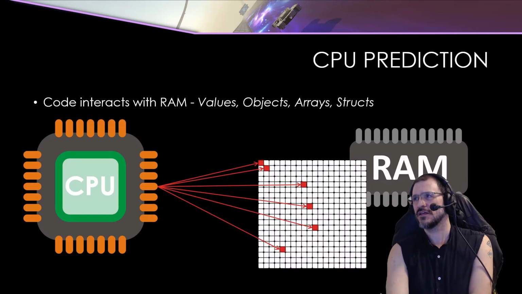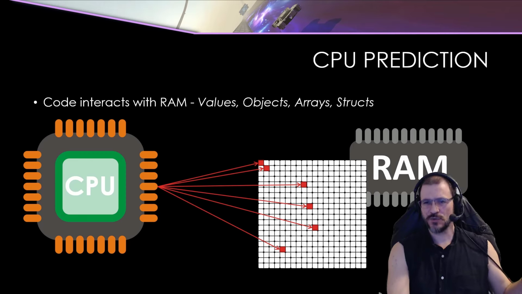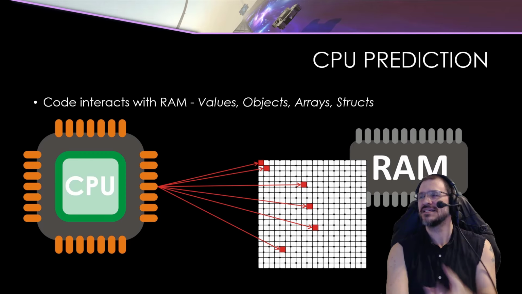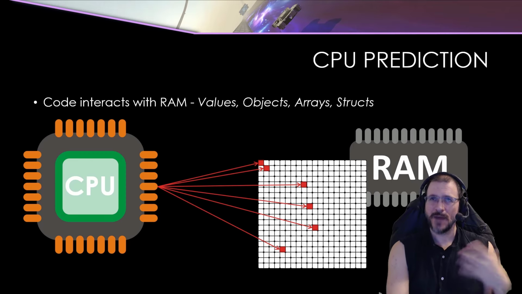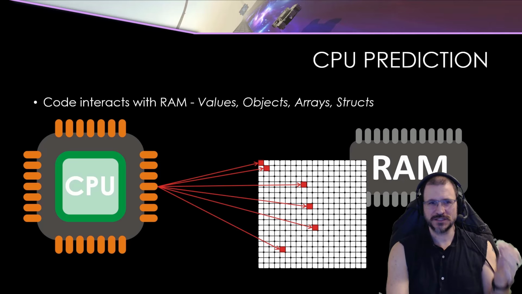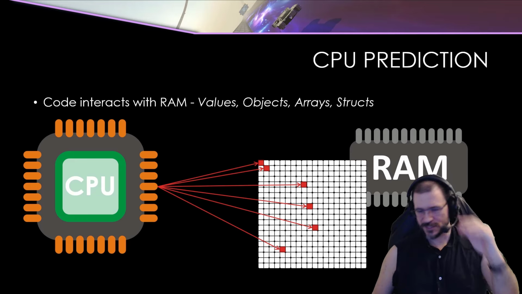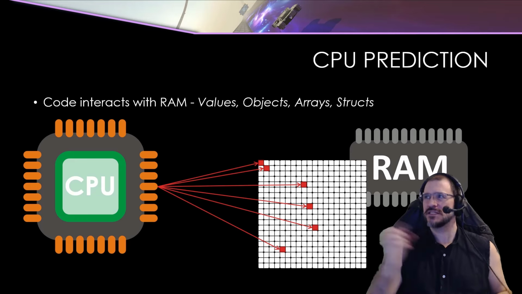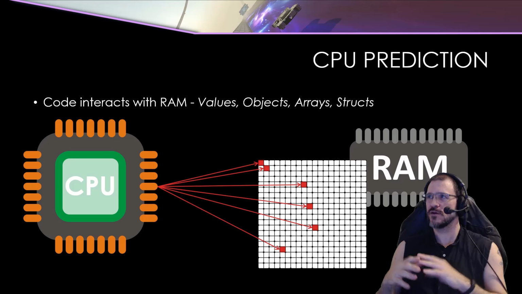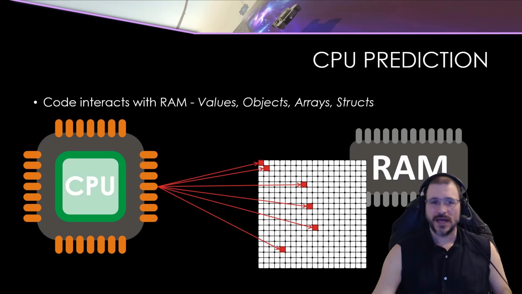All right, so everything that you've learned from ECS starts out with some discussion of where things sit in memory and some mild reasoning, but I want to make sure that this is really clear. So code interacts with RAM. You get your values, objects, arrays, and structs. And let's say I have 6 different variables, and they're coming from memory from somewhere. The CPU gets its instructions and starts grabbing all those variables, and they're all in different locations.